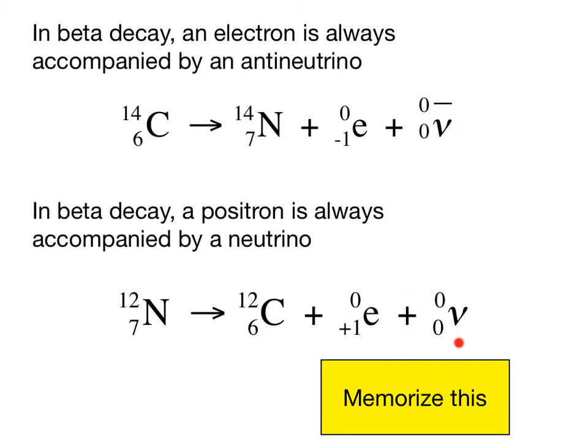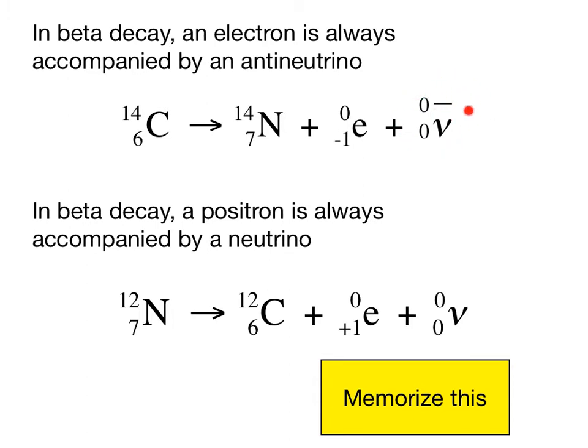And you need to memorize this, but let me just give you a trick here, okay? This is not anything physics related. This is just a mnemonic device for remembering. When you get a negative beta, the negative beta, of course, has a negative sign. And you get an antineutrino, and the symbol for an antineutrino is this nu bar.